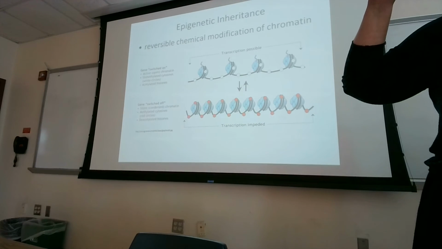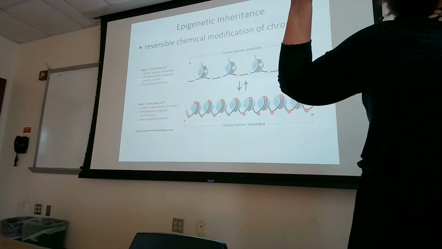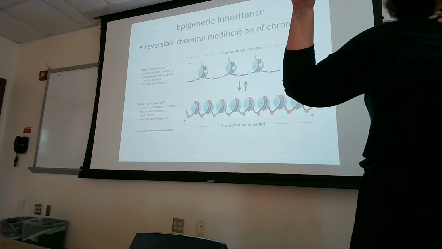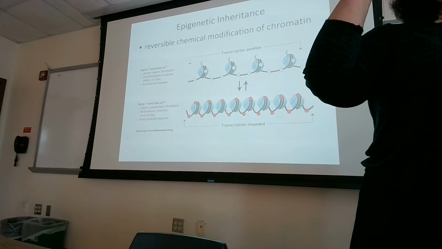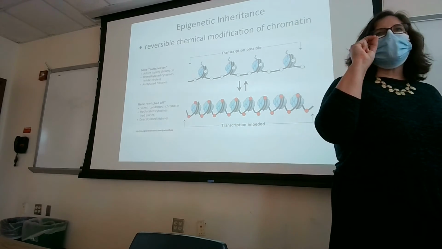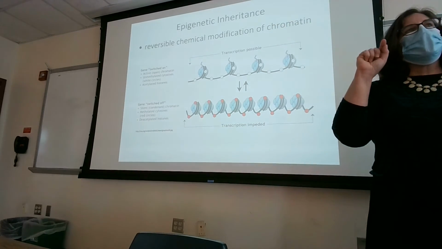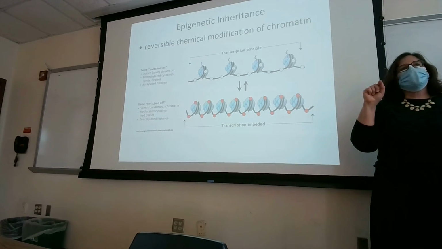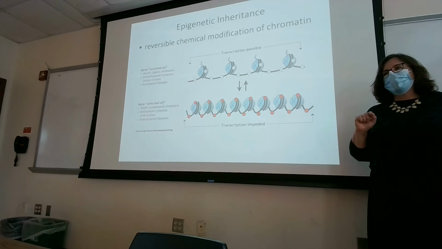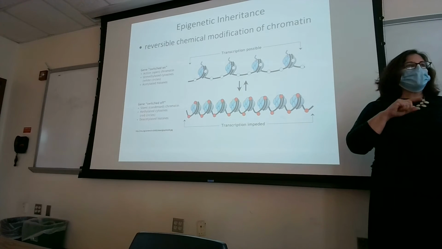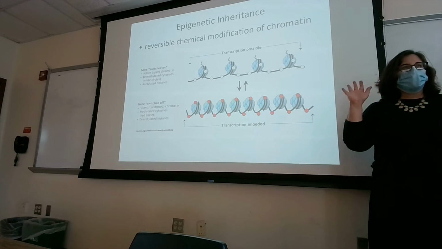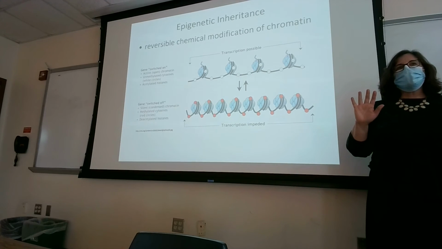What's a methyl group? Organic chemistry students? CH3. Simple, the smallest organic molecule, right? You can stick that onto your cytosine, and your cytosine becomes methylcytosine. And methylcytosine tells the cell, we're not open for business.